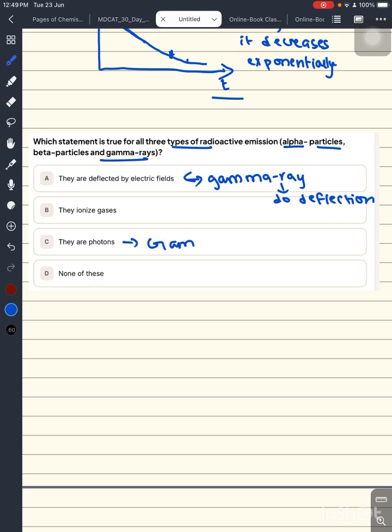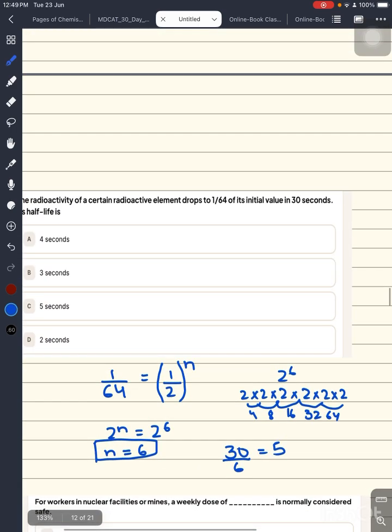We know that only gamma rays are photons. Let's get this option: they ionize gases. Yes. Which ionizes the most? Alpha, then beta, then gamma. So the correct option is B.